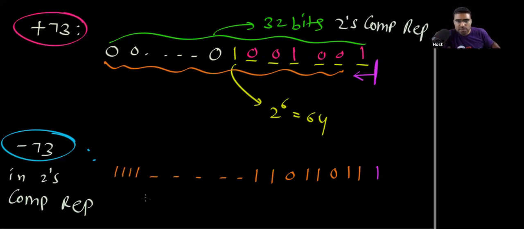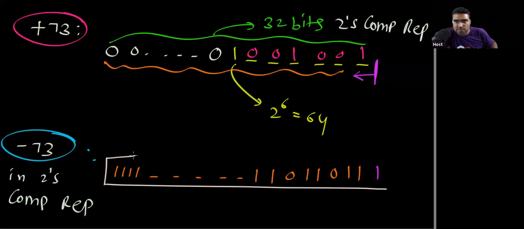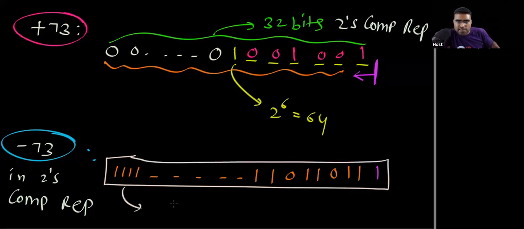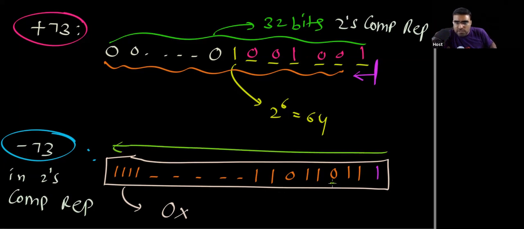Like this. So tell me, this will be your minus 73. So in hexadecimal, what can I write? In the hexadecimal, just go like this and tell me. You can see that is 7. This is 7 in the hexadecimal. What is this in the hexadecimal?